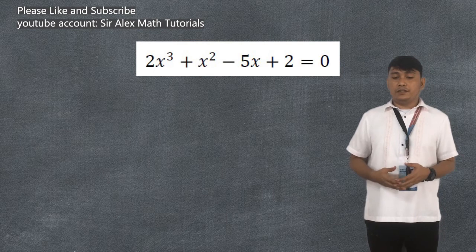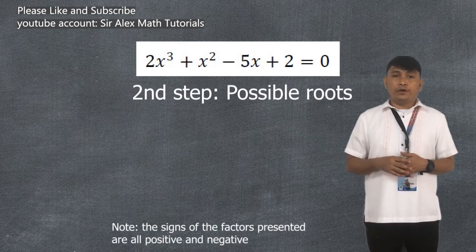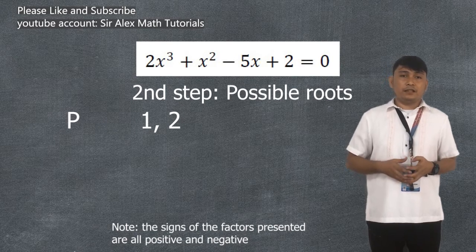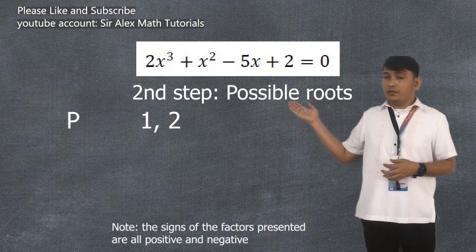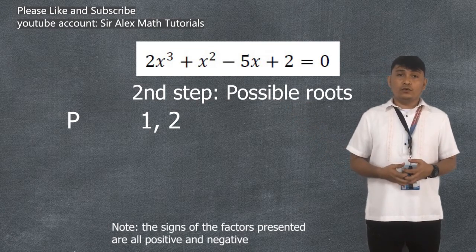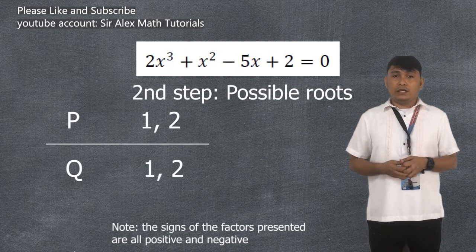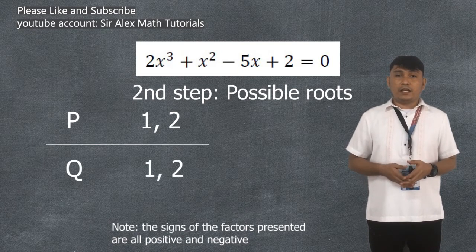Our leading coefficient is equal to 2. So our p now, or the factors of 2, are positive negative 1 and positive negative 2. For our leading coefficient, which is also 2, our q now is also positive negative 1 and positive negative 2.